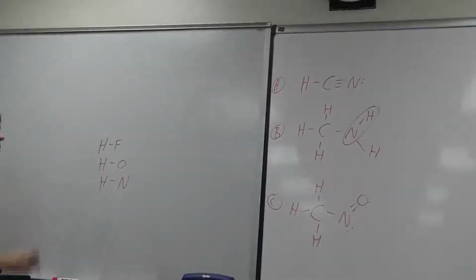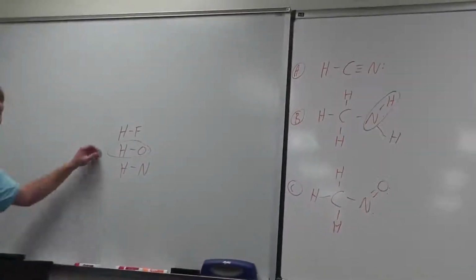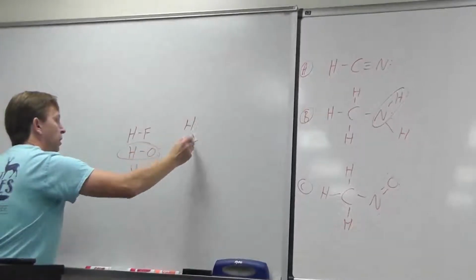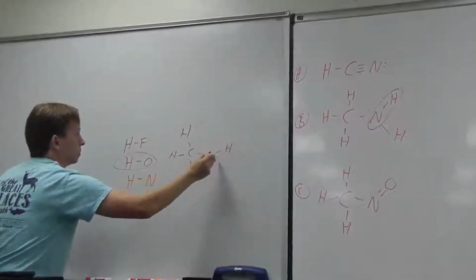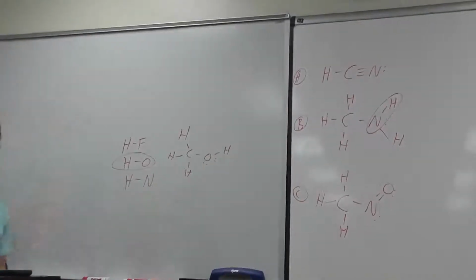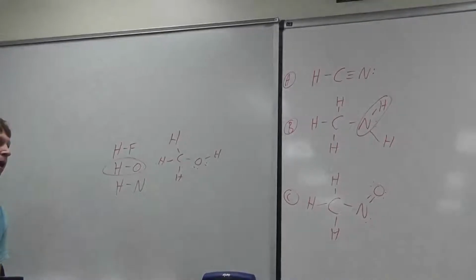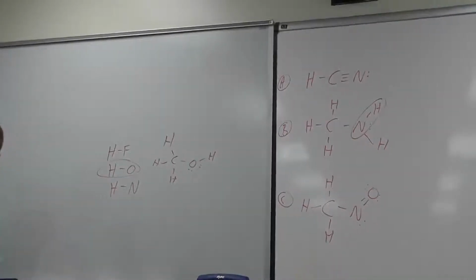People get familiar with hydrogen bonding because you're accustomed to water, but people forget about nitrogen as being hydrogen bonding. So the answer is B, because B is capable of hydrogen bonding and neither of the other two can.